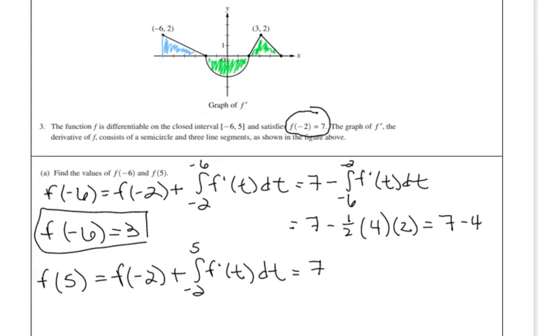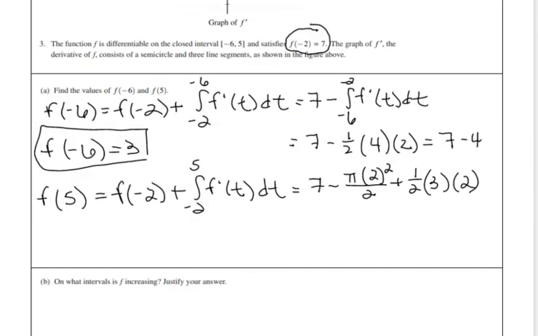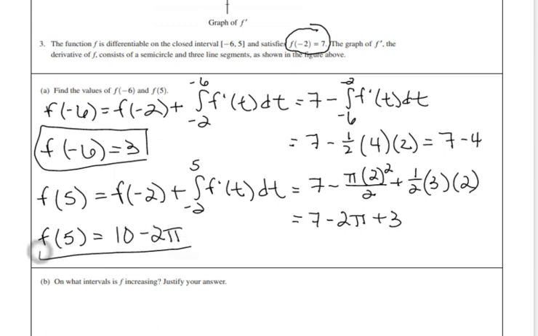So let's see, 7, it's going to be minus pi, the radius is 2 squared over 2, plus 1/2, the base is 3, and the height is 2. So let's see, that becomes 7 minus 2 pi plus 3, so 10 minus 2 pi. And there's the answer for that.